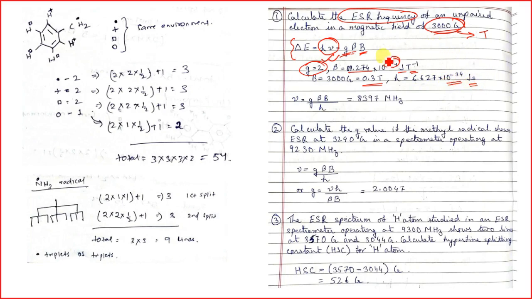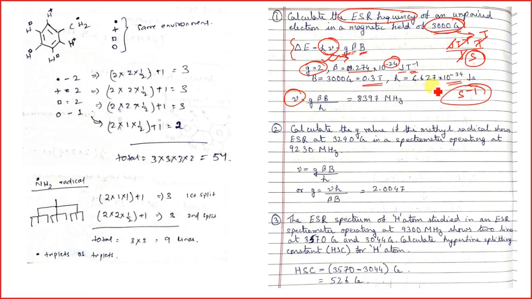Now if you see over here, you have at the numerator Tesla multiplied by Tesla, then this h, if it comes over here, joule second. So this Tesla cuts out, this joule and this joule cut out, and you are left with per second unit, which is related to the frequency.